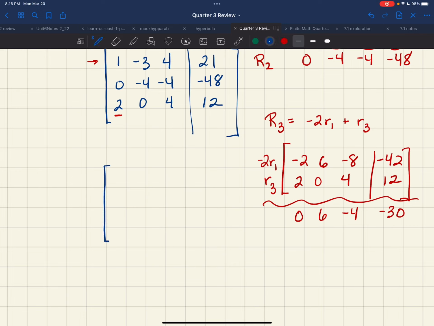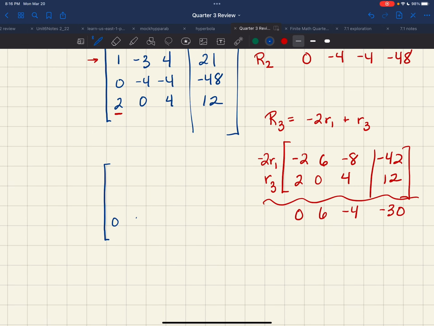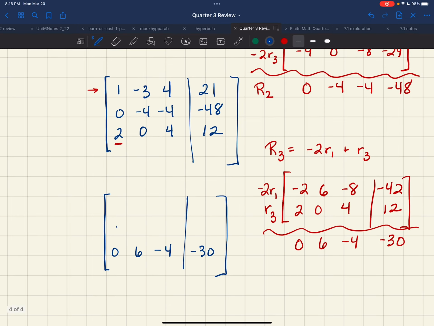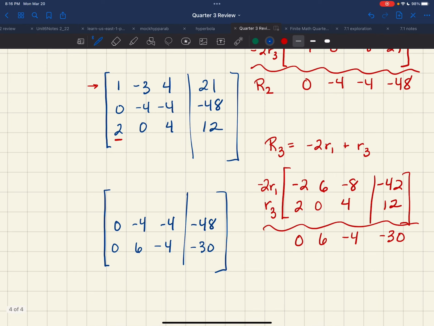My row 3 is going to be 0, 6, negative 4, negative 30. My row 2 is 0, negative 4, negative 4, negative 48. And my row 1 is 1, negative 3, 4, and 21.